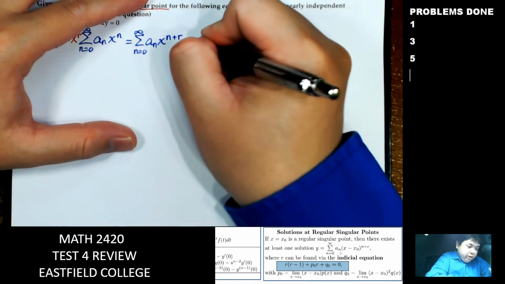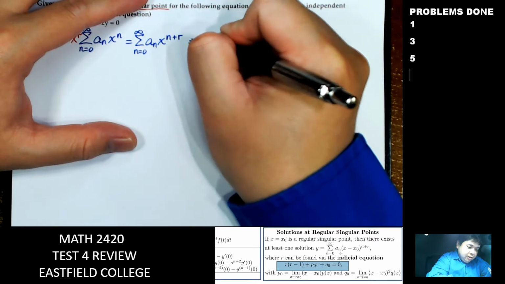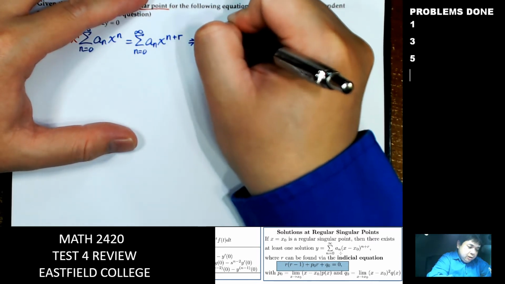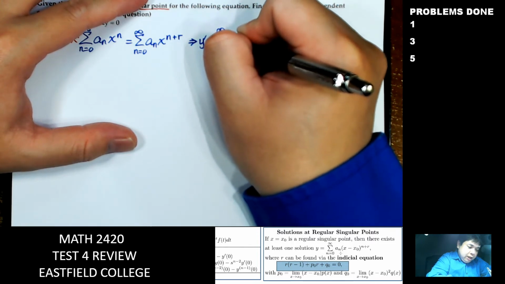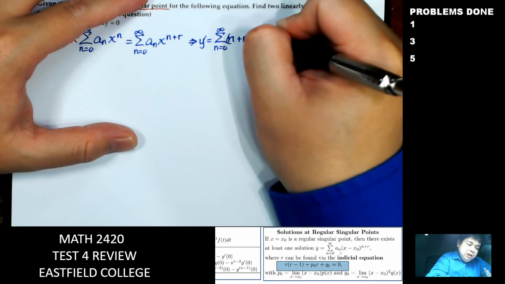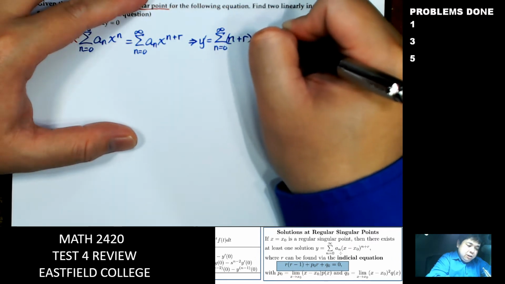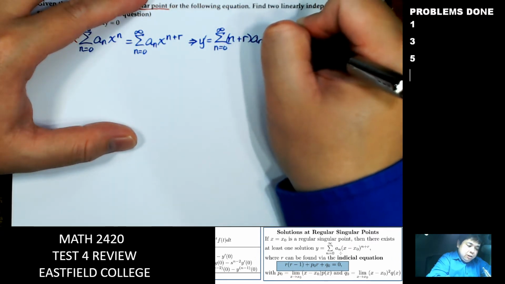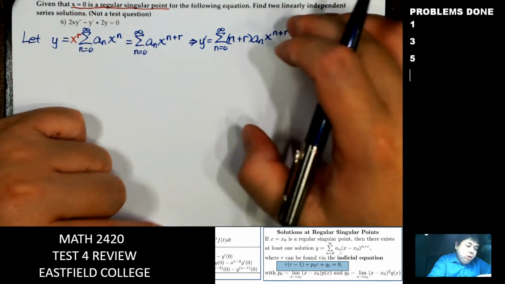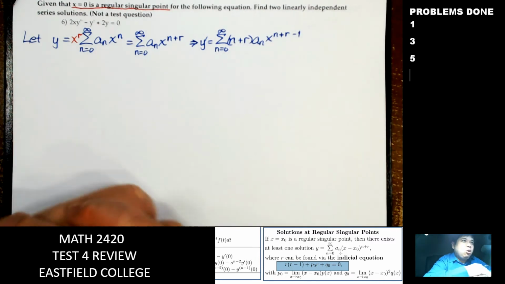We'll take the derivative. The n plus r is the power going down, and this minus 1. Next, the second derivative, we're going to take this down and then original power minus 1.